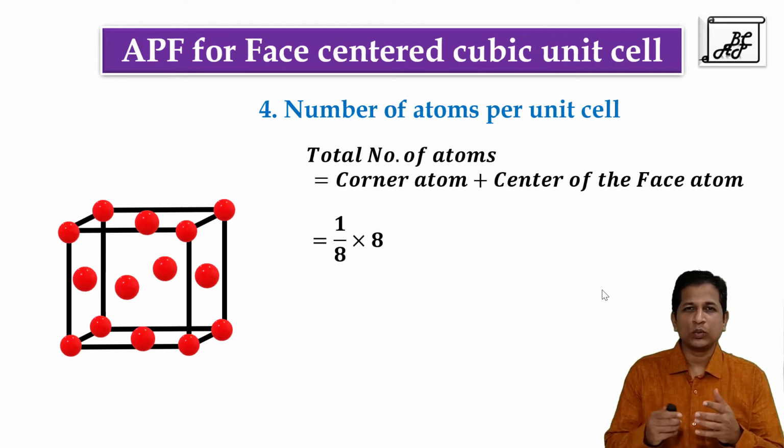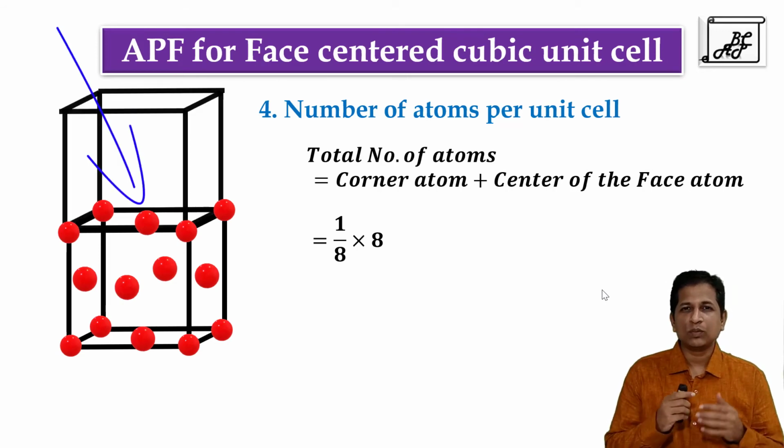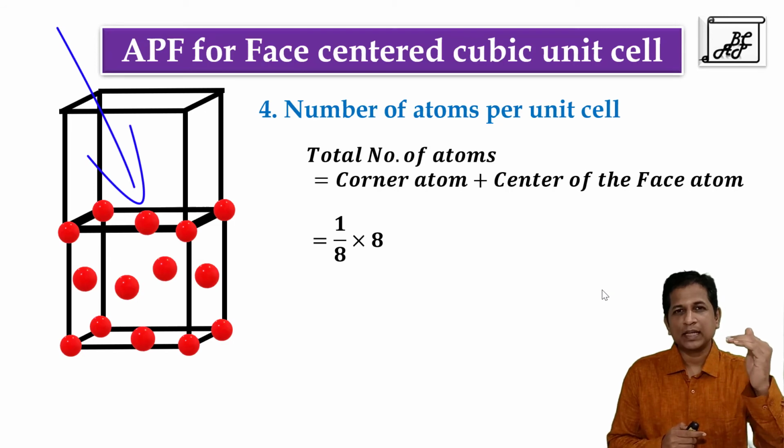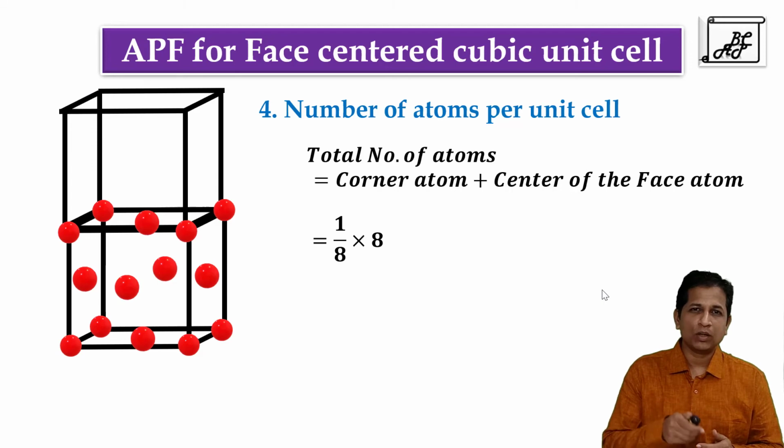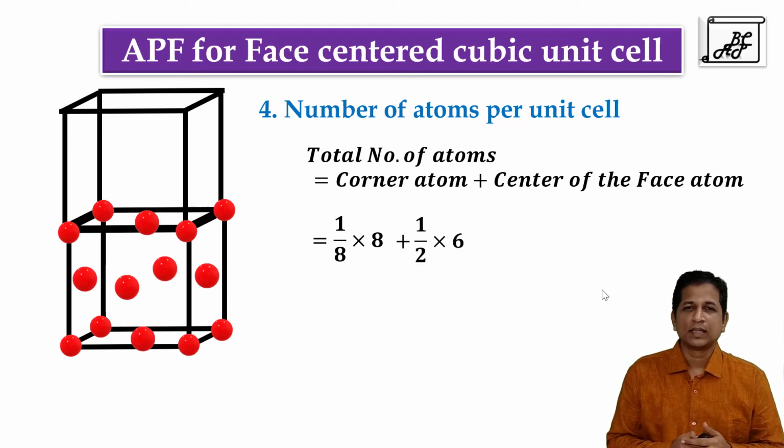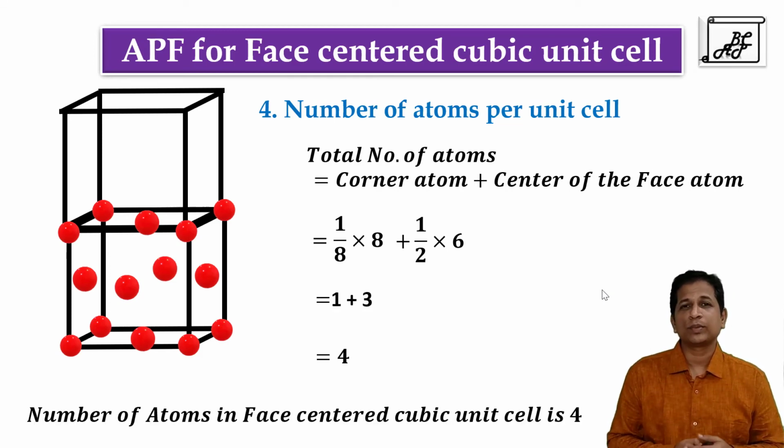So 1/8 into 8. In case of atom at the center of the face, consider one more unit cell. The atom at the center of the face in the upper layer is shared by 2 unit cells. Hence, half of its part belongs to this particular unit cell, such that there are 6 atoms. So half into 6 is equal to 3. So total 4 atoms are present in the face-centered cubic unit cell.